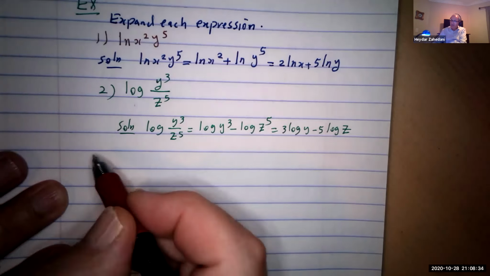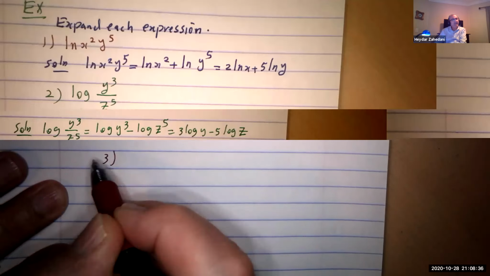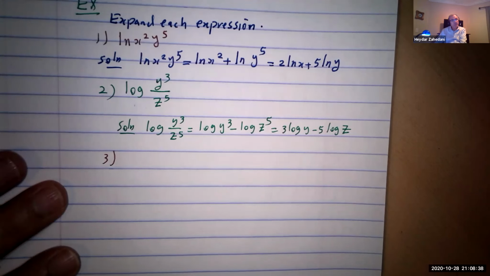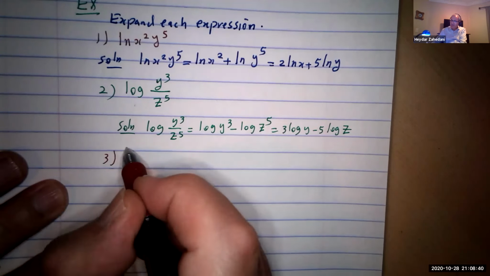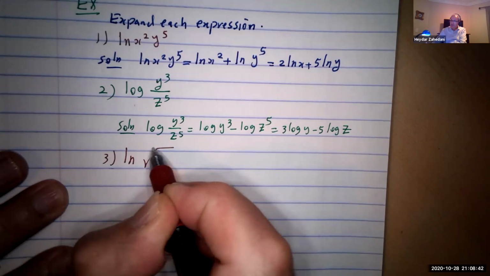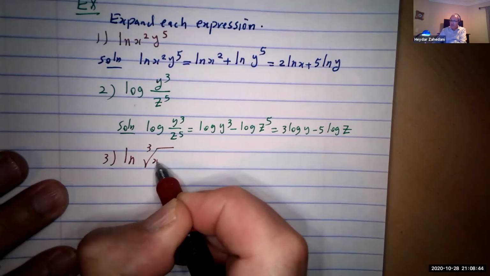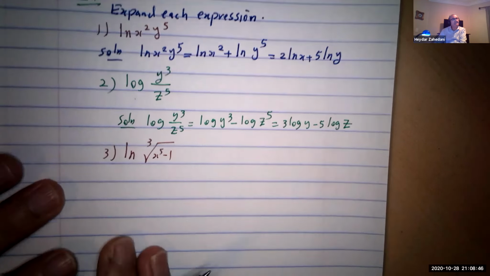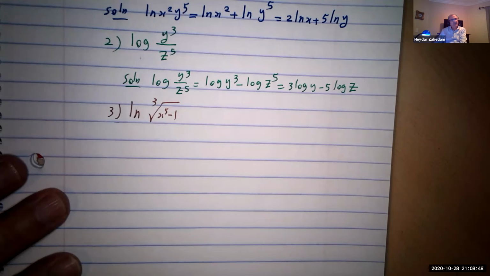This third one, I just used it yesterday for calculus. Suppose you have ln of cube root of x to the fifth minus 1. You want to simplify it. Okay, again, we don't like the radicals, even in calculus. So you change the radical first.